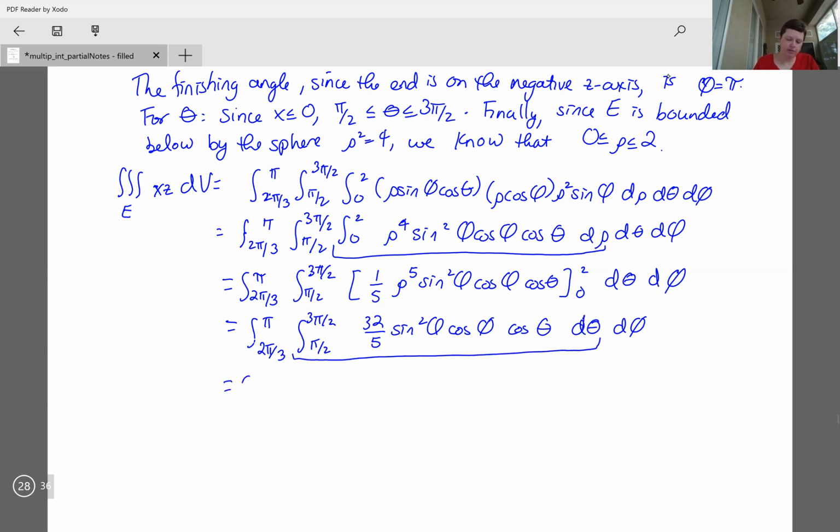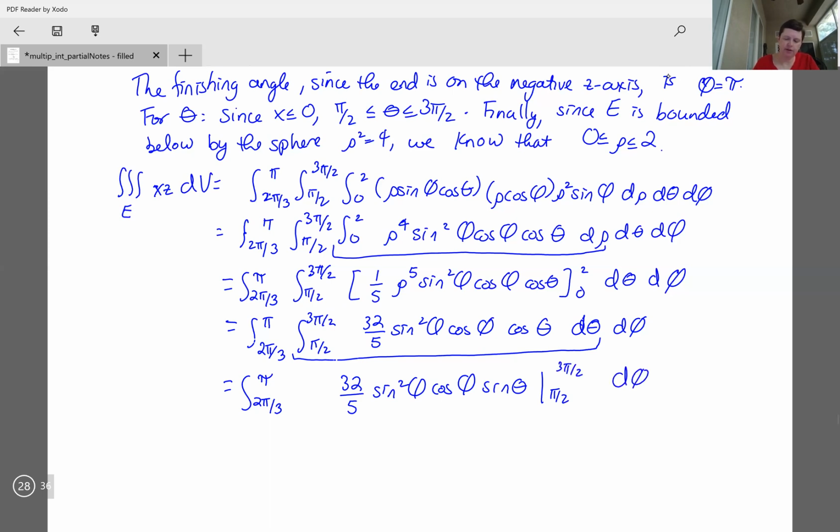When I integrate with respect to theta, phi is a constant, so I'm going to get negative 64/5 sine squared phi, cosine phi. Sorry, I am totally writing that wrong. My mistake. That's just a positive 32/5 sine of theta, and I'm going to evaluate at my limits and then integrate finally with respect to phi.